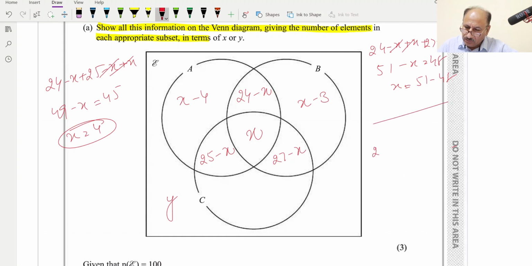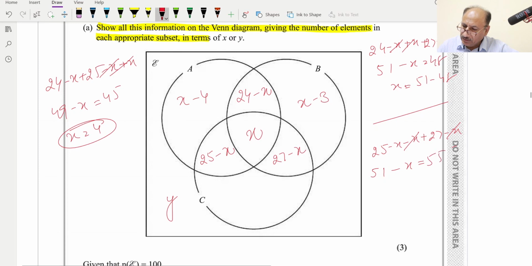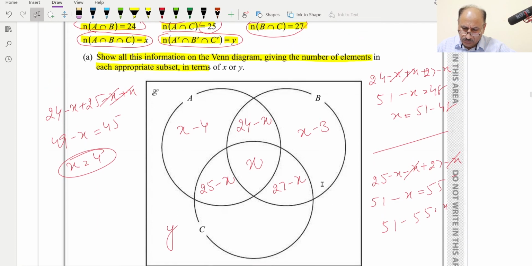So we will add 25 minus X plus 27 minus X, and... basically we are doing the C part, we have made some mistake. 25 minus X plus 27 minus X, and this will be plus X, so the Xs will cancel.